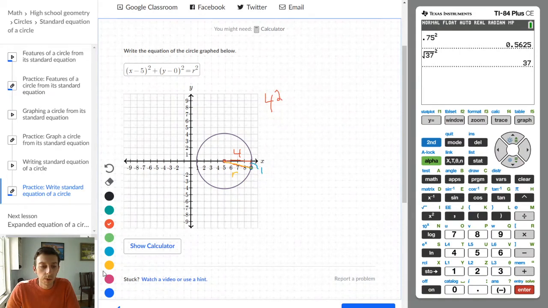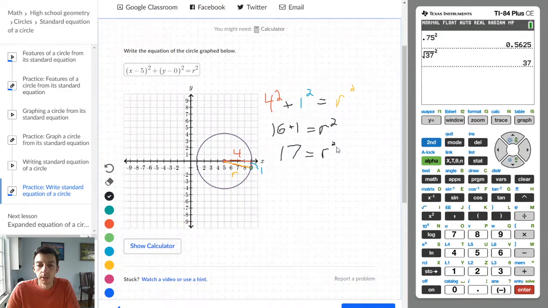So I've got 4 squared plus 1 squared is equal to my radius squared, which I don't know what that is, but I'm going to find it. 4 squared is 16. So 16 plus 1 is equal to the radius squared. That's 17. So it looks like my radius squared is going to be equal to 17.